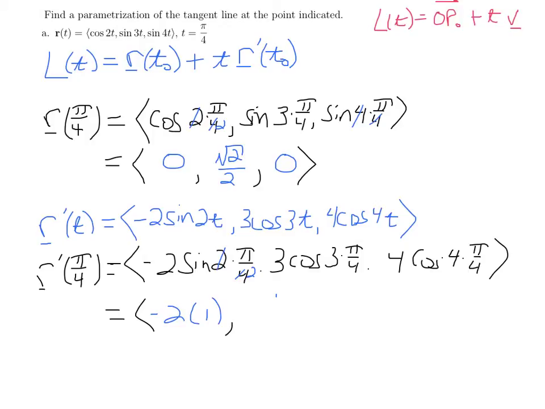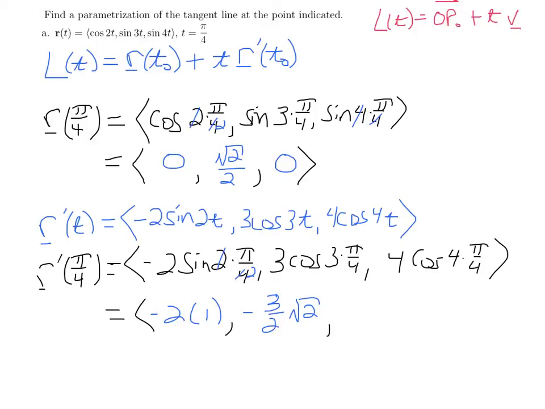Then, cosine of 3/4 pi, that puts us in the second quadrant. The x-coordinate, therefore the cosine, is negative. So that will give us a negative 3/2 square root of 2. The 3 here coming from this coefficient, and then the cosine of 3/4 pi is negative square root of 2 over 2.